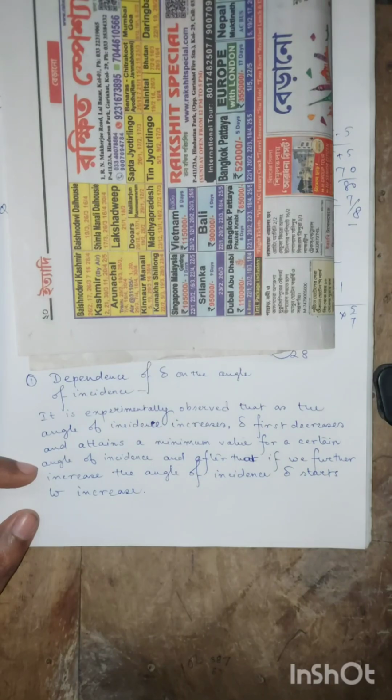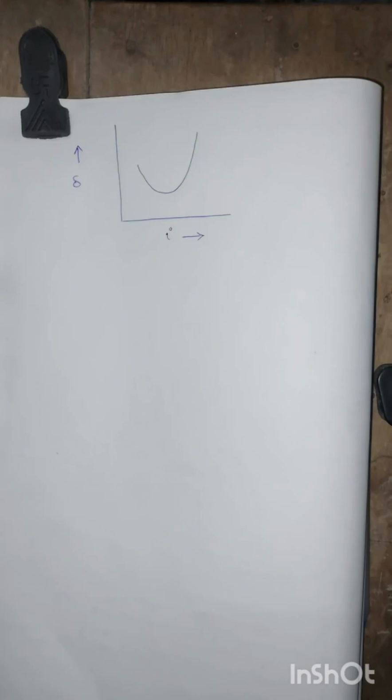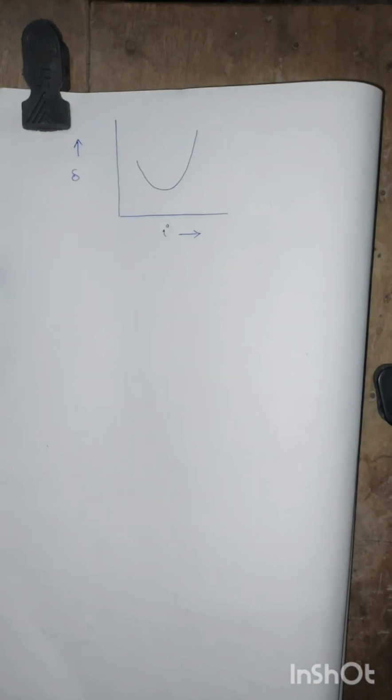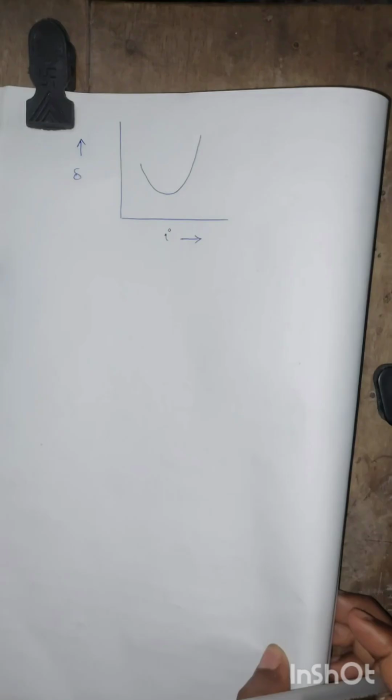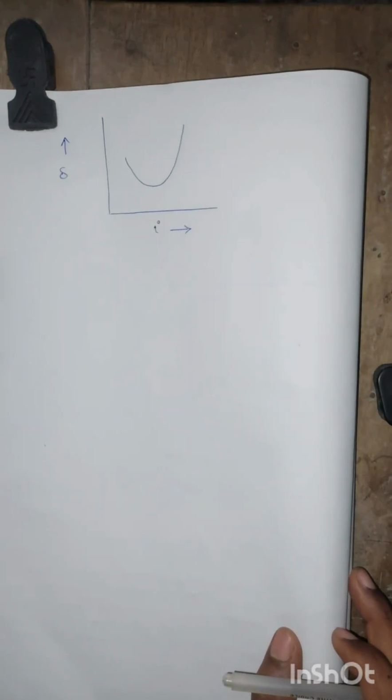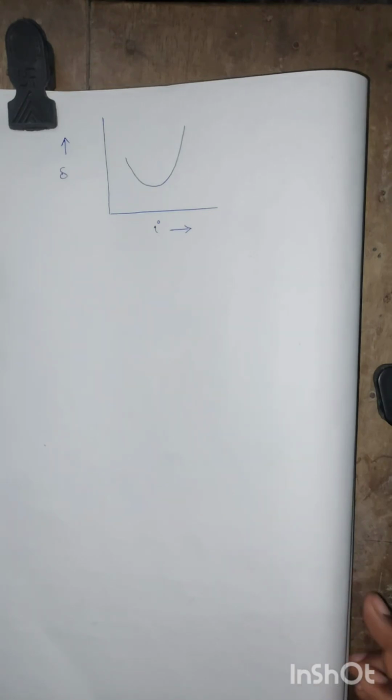Now, if we draw a graph, in this graph we have plotted I on the x-axis and delta on the y-axis, and the graph looks like this.